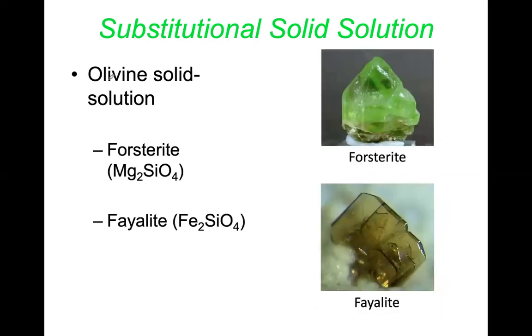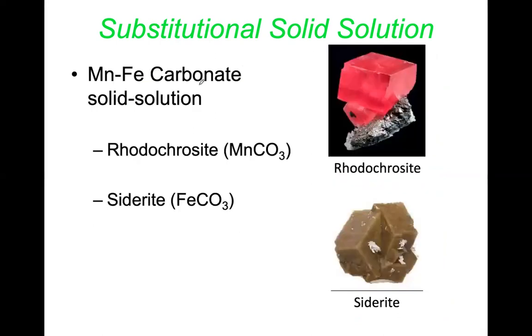And you can see here the first type, the substitution solid solution, where forsterite and fayalite, the most prominent type of solid solution, is taking place within the olivine structure, right? Iron-magnesium solid solution.